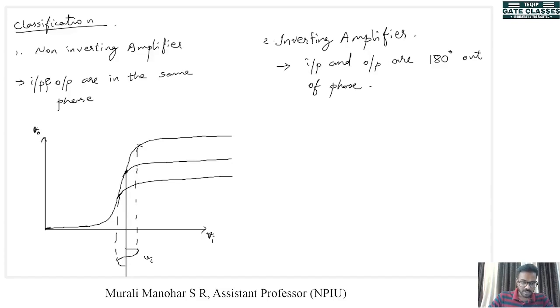And if the input is increasing in the negative direction up to this level, the output goes to this level. Okay, that means initially our output will be here. Then as input increases in this direction, that is the positive direction, output also increases and it reaches this level. When the input decreases and increases in the other direction, the output will go to this level.